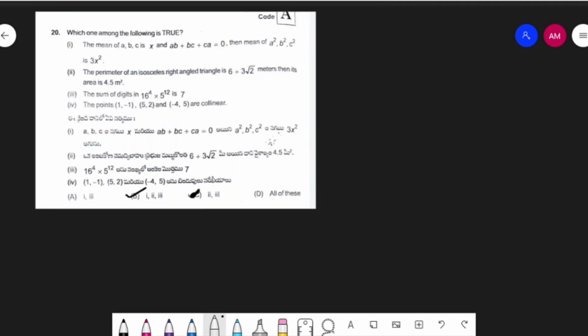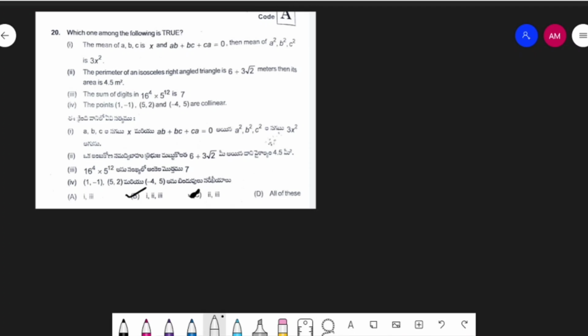20th problem. Which one among the following is true? So we have to identify out of these 4 statements which one is true. They have given many options, 1, 3, 2 or 1, 2, 3 or 2, 3, all of this. So we have to check each and everything.